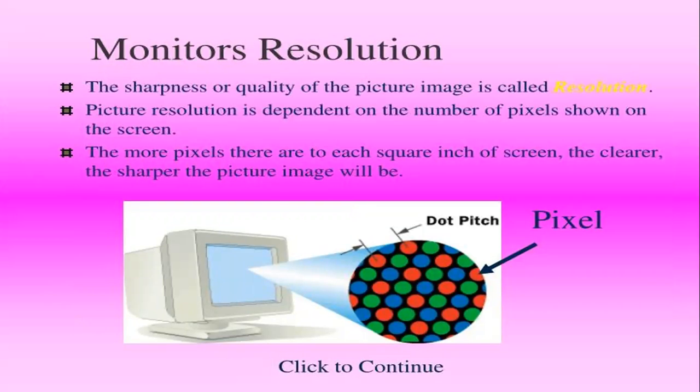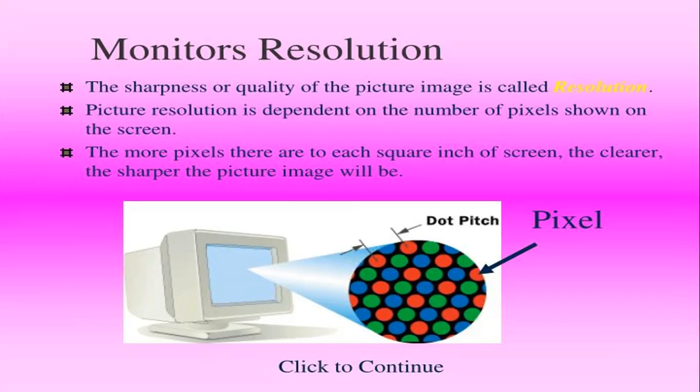Now we'll talk about monitor resolution. Do you know what resolution is, dear students? Resolution is the quality of the picture which we can see on screen. The sharpness or quality of the picture or image is called resolution, and the picture resolution depends on the number of pixels shown on the screen.